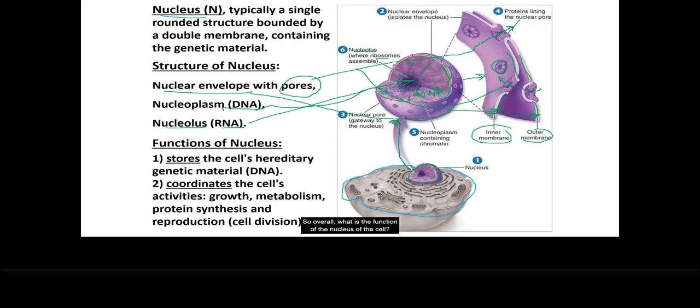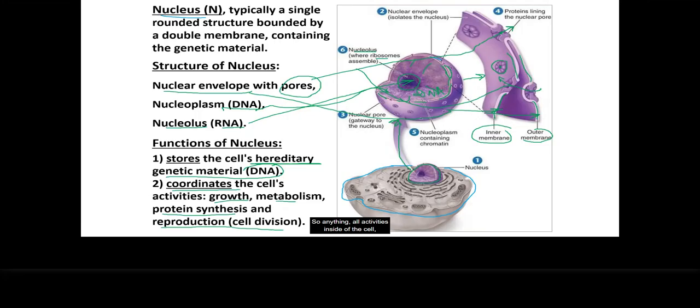So overall, what is the function of the nucleus in the cell? It stores genetic information, such as DNA, and this is our cell's heredity. Also, the nucleus coordinates this genetic information. It coordinates cell activities: growth, metabolism, different chemical reactions, protein synthesis, reproduction, cell division.